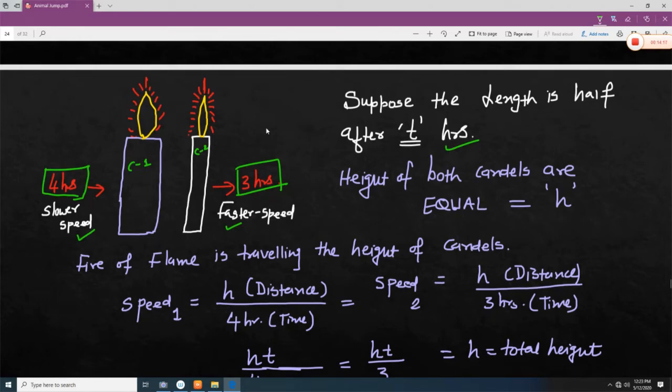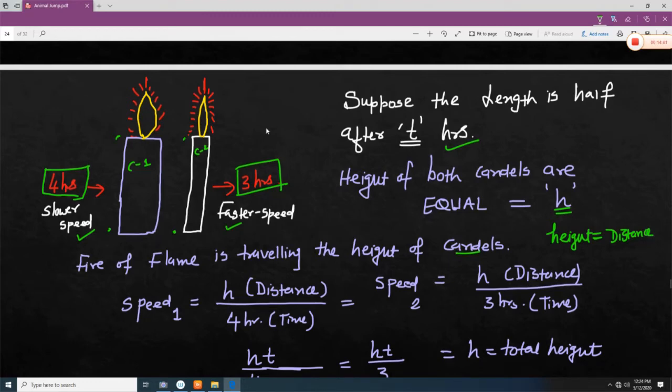The heights of both the candles are equal to h. Here, in our speed, time and distance parlance, the height is distance, right? The fire of the flame is traveling the height of the candles.